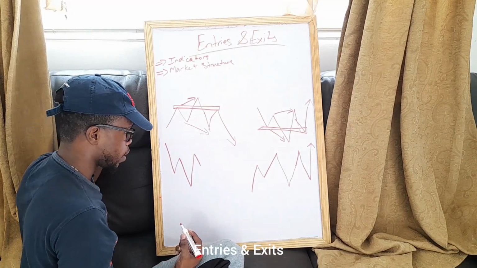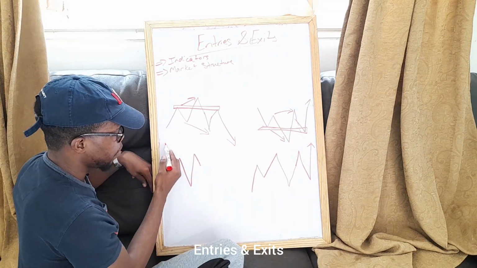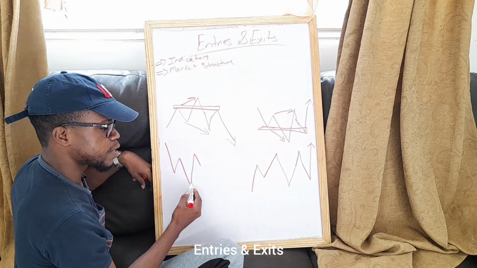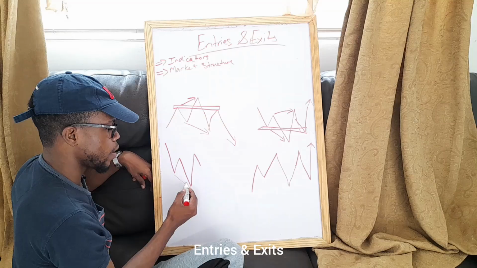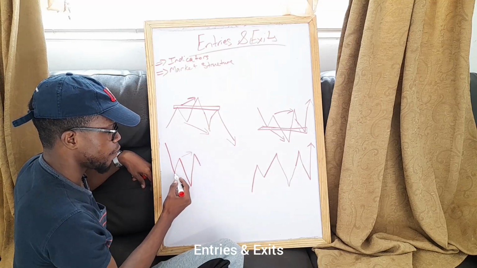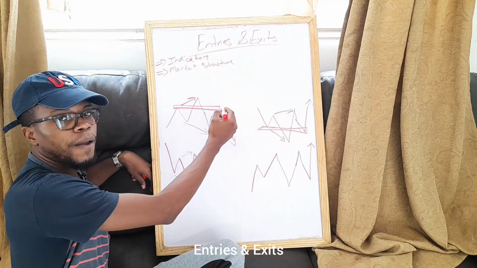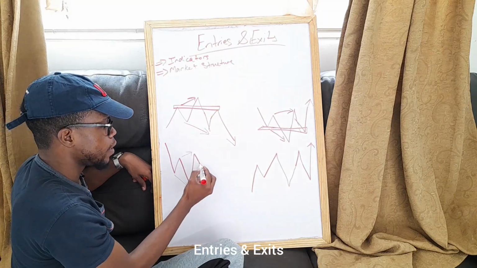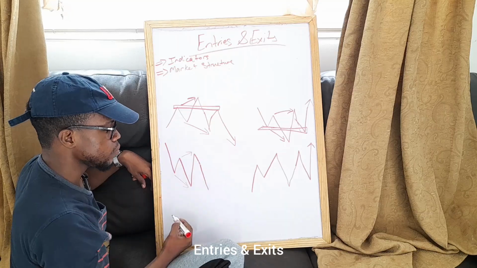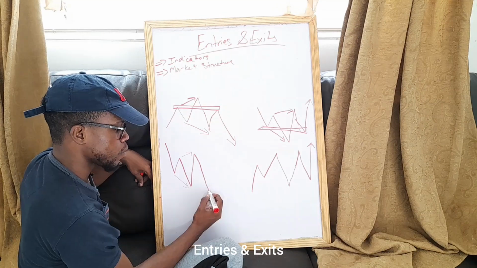This is something the market could do. After the market is selling for a while, it comes up, comes down. You're expecting Quasimodo because they have a lower low right here and a higher high right here. You're expecting that upon the test of here, you will get the buy. But what if the market did not reject right here? It instead comes lower and forms a lower low.